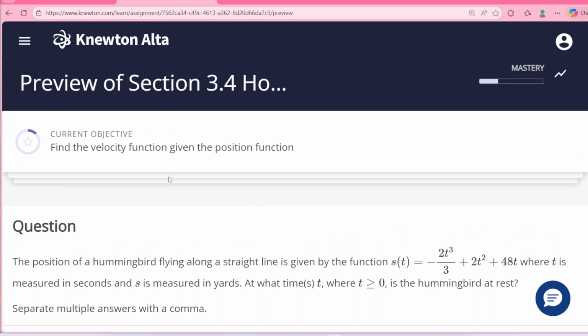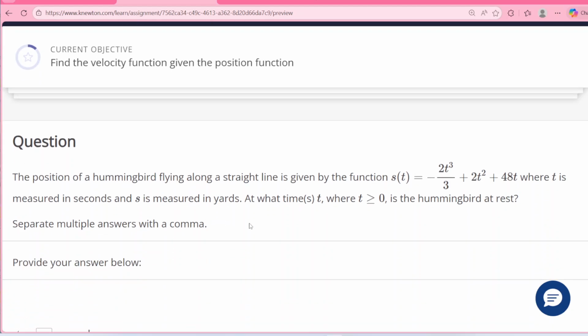So here's another one with the velocity function given the position function. This is another hummingbird flying along a straight line path. The position in yards is given by this polynomial, the yard marker the bird is at at any given time, and time is in seconds.